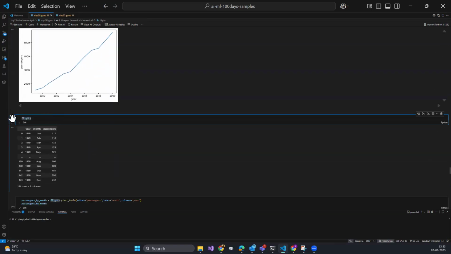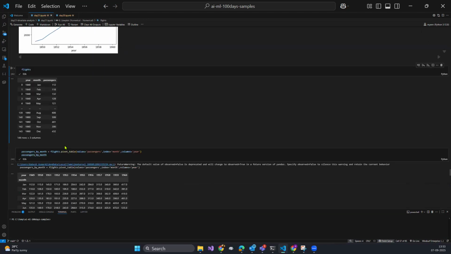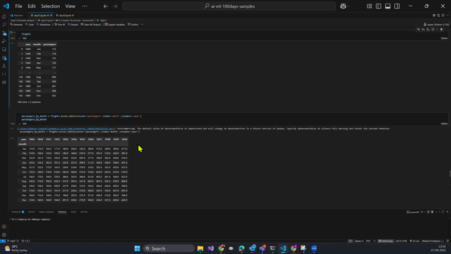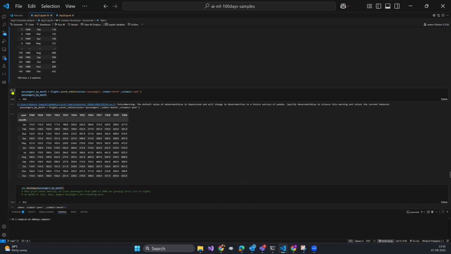And again for this flight data, another way is to create a pivot table. For example, here all the years and months are fixed, right? So I'm pivoting this and getting all the years on the column side and all the months on rows, and each cell shows how many passengers traveled.